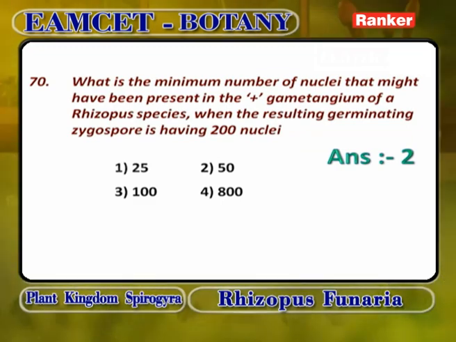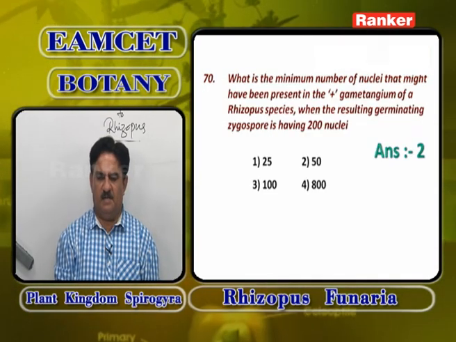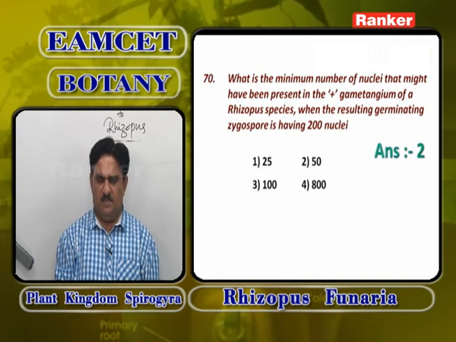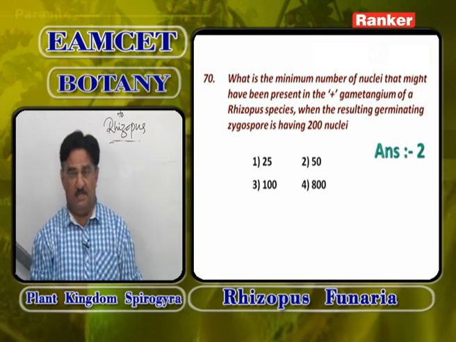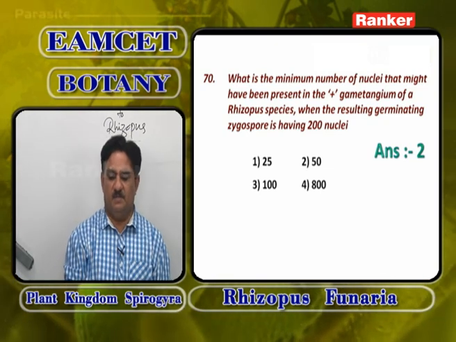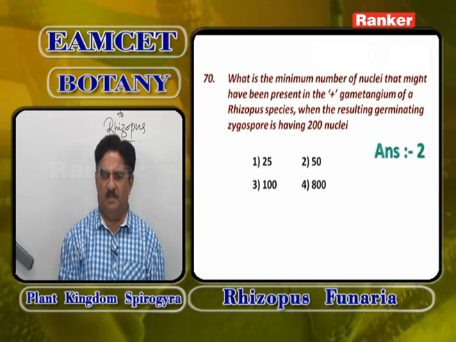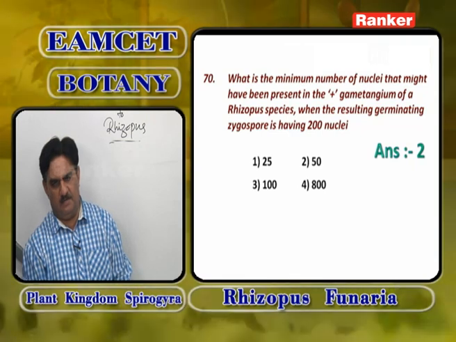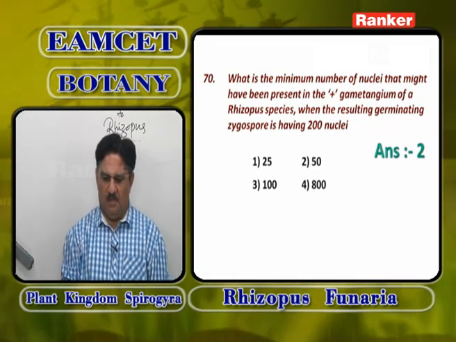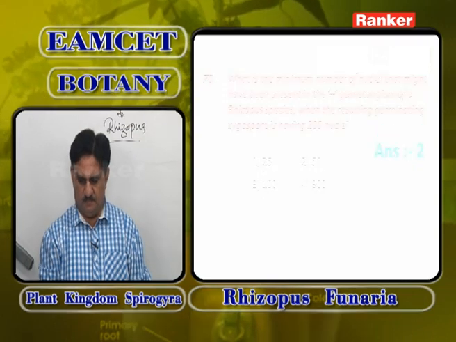If it is 25, 25 diploid nuclei are formed and 100 haploid nuclei. If it is 100, 400 are formed. If it is 800, 3200 might have been formed. So, if it is only 50, 50 haploid of plus and minus become 50 diploid, and 50 diploid into 4 becomes 200 haploid nuclei. So, the answer is 2.